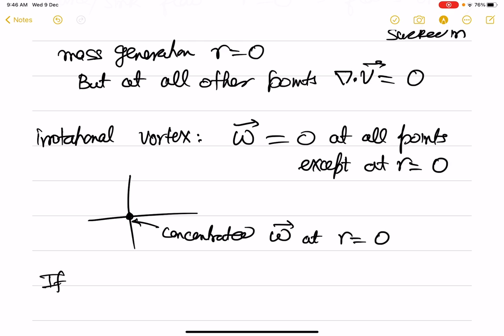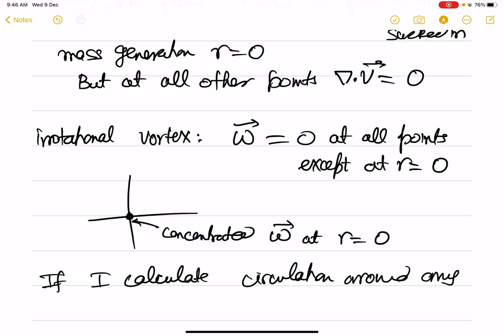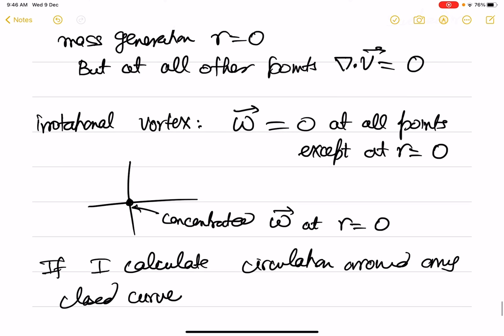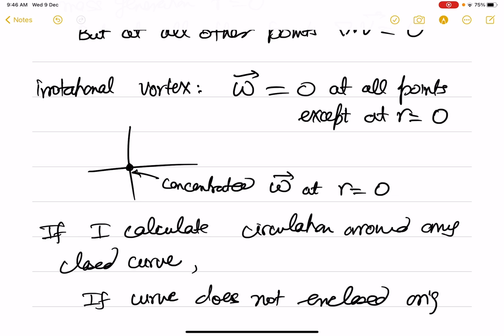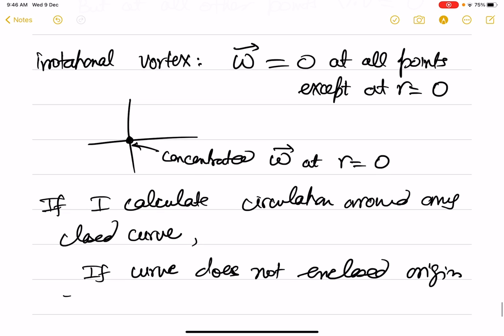If I calculate circulation around any closed curve in this vortex flow, then what I will find is, if the curve does not enclose the origin, then circulation is 0.